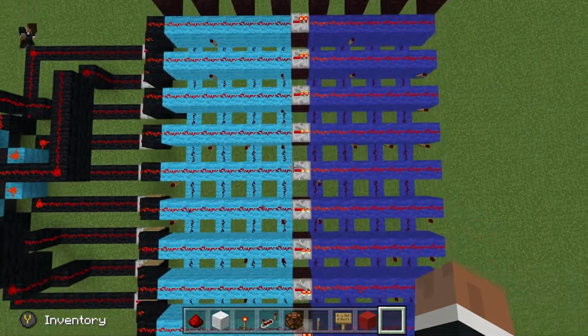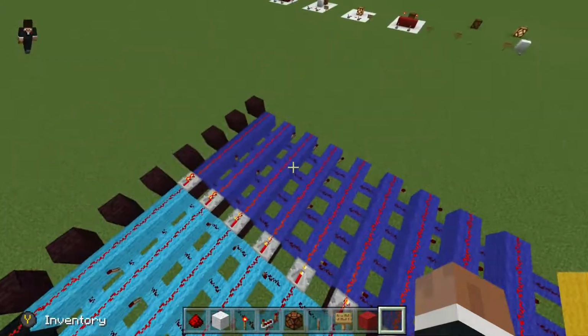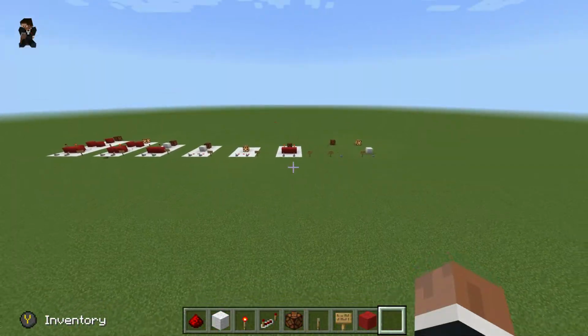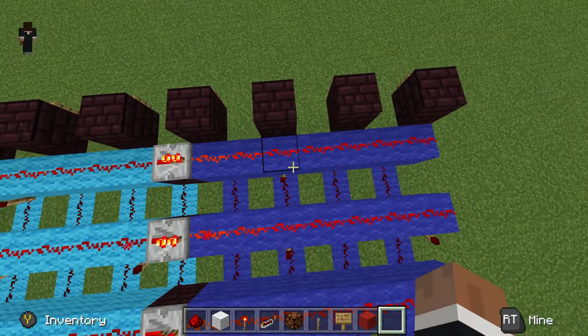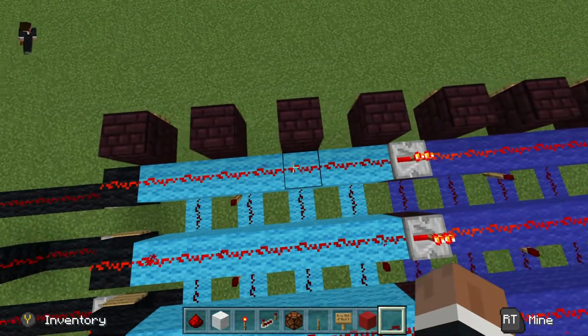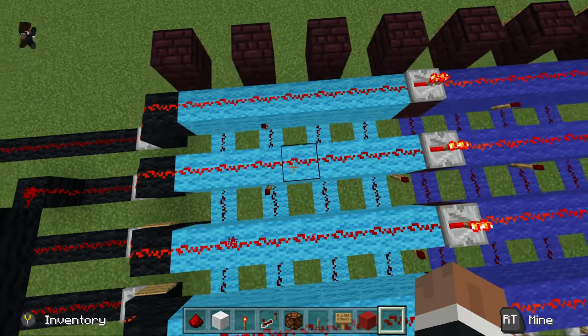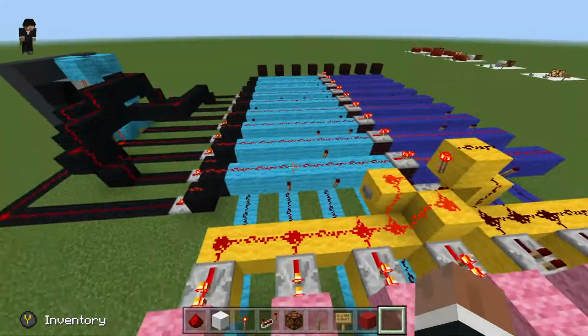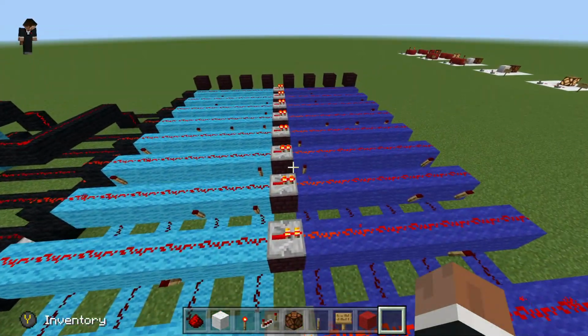So right here, this grid is actually just a bunch of AND gates. Each one of these, the blue is an AND gate, and then the lighter blue is an AND gate, and you have 9 in each row and 2 rows. 2 rows of 9, so we have 18 AND gates in this grid.